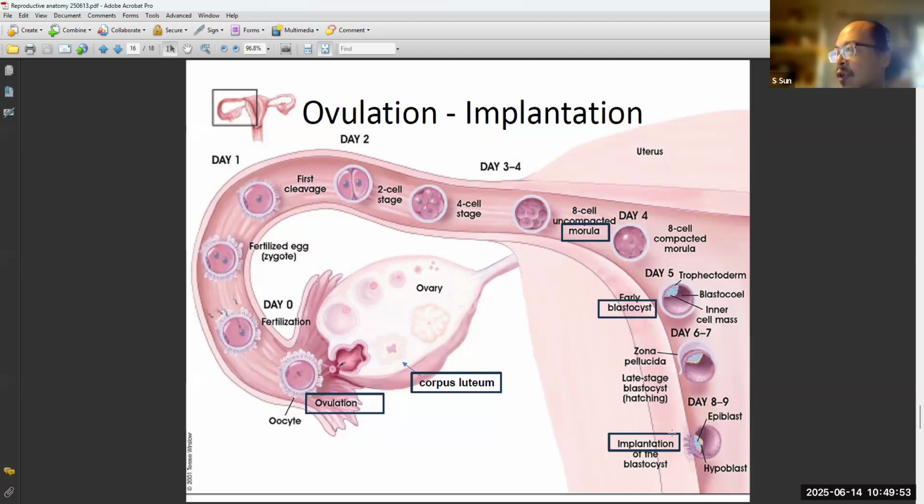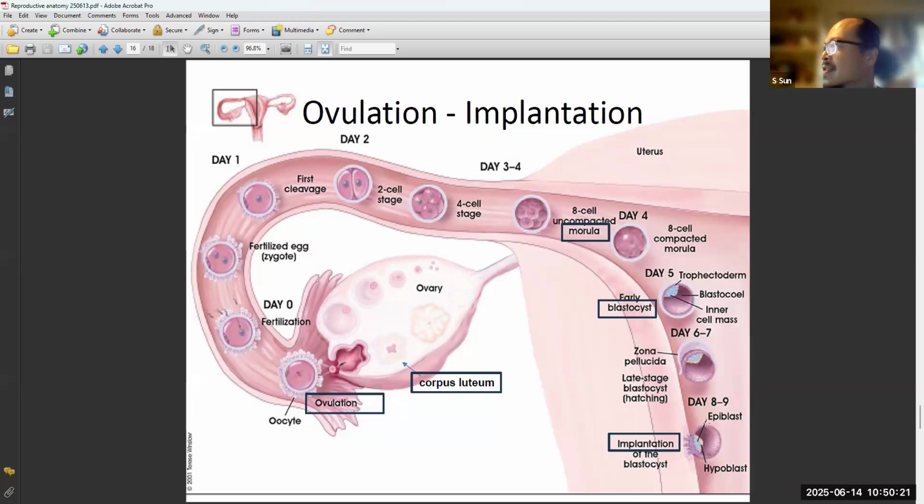At the same time, it will also change the mother's side to work together to generate the interface, that is the placenta, allowing the blastocyst right here to implant into the endometrium layer of the uterus.